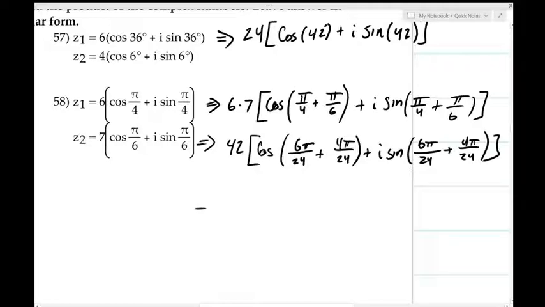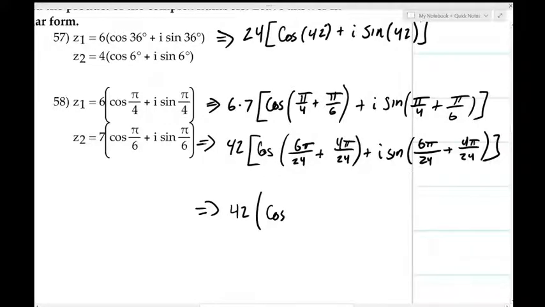Okay, so let's simplify a little bit more. So we have 42 times cosine of 10 pi over 24.